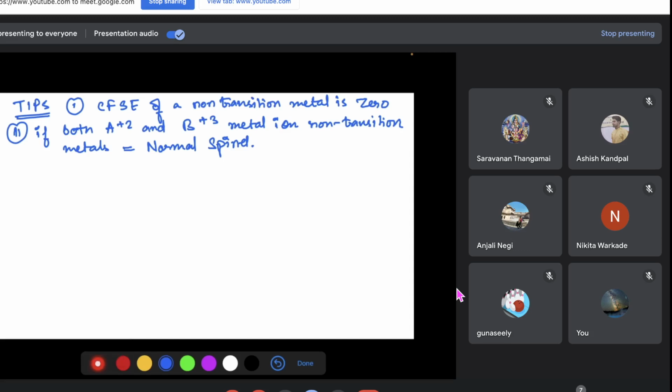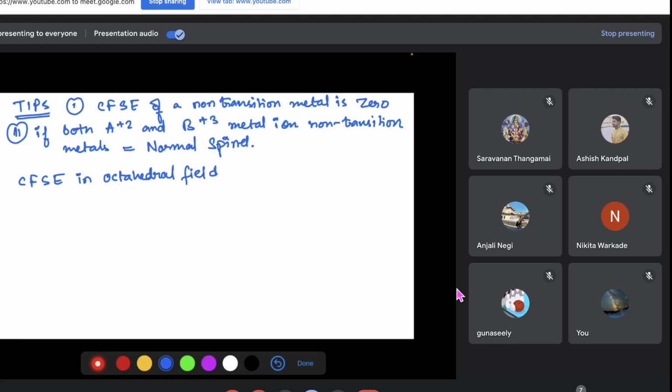Now, talking about the crystal field splitting energy, CFSE, in octahedral field. Here, because it is an oxide, a mixed oxide, we have a weak field complex.